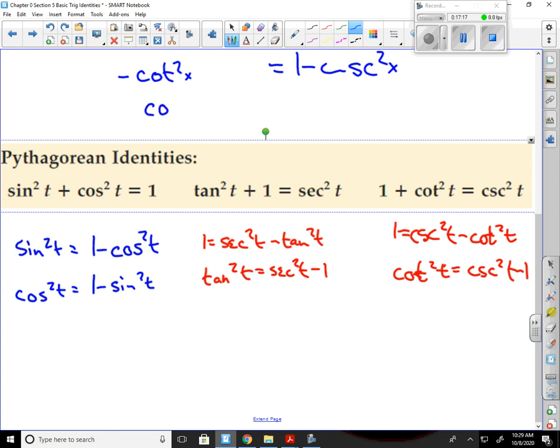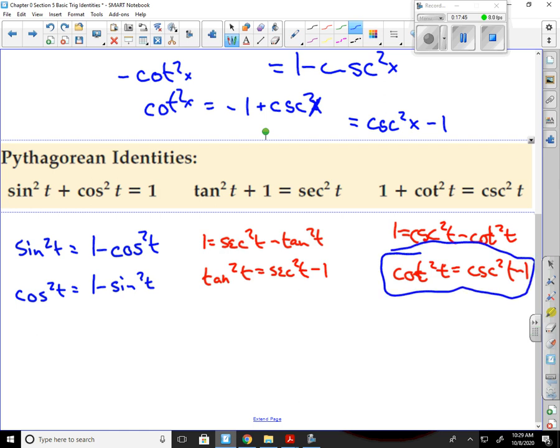So that would give me cotangent squared of x equals, then multiply everything over here by -1, -1 plus cosecant squared x. Now that's the same as cosecant squared x minus 1, which is this.